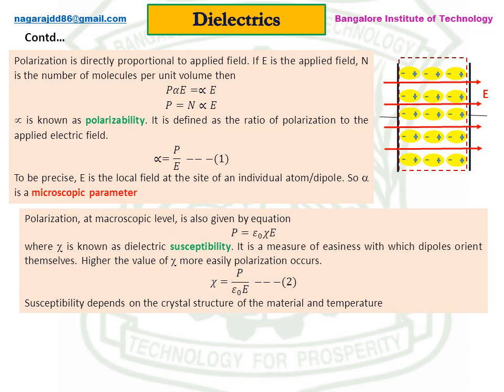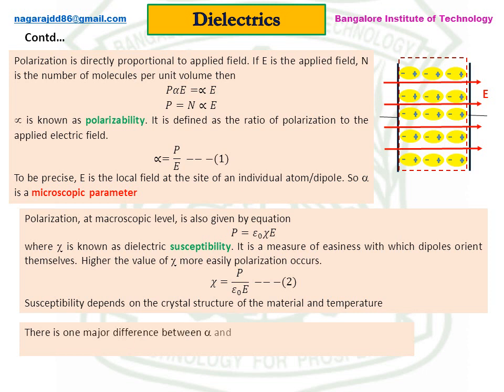So we can say susceptibility is inversely proportional to temperature. And finally, there is one major difference between alpha and susceptibility. Alpha, that is polarizability, is a microscopic phenomenon, and chi, susceptibility, is a macroscopic phenomenon.